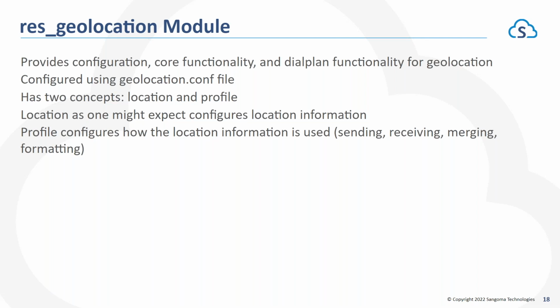Location, as you might expect, is for configuring all of the location information, and profile is really about telling Asterisk how that location information should be used. So if we should accept reception of it, if we should send it out, how the formatting works, and how we should merge things together if we receive it on one end and we have configured information.